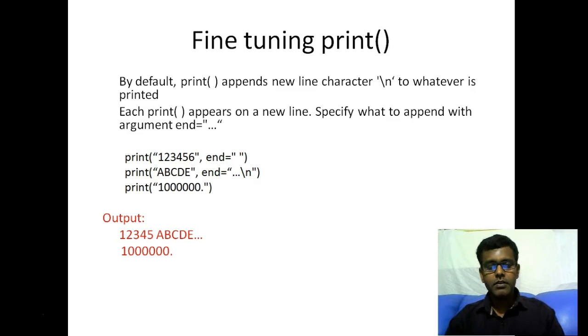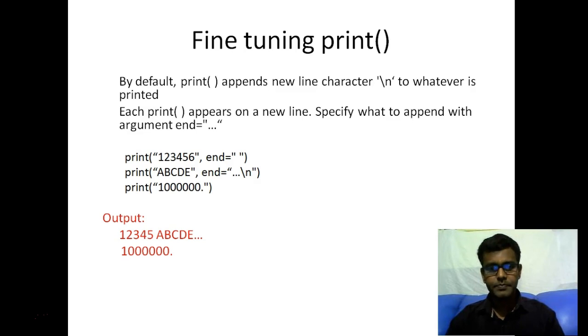If you are not giving this end attribute, then automatically it takes the end attribute as a new line. That is the reason whenever you give a print statement, it gets printed on the next line.